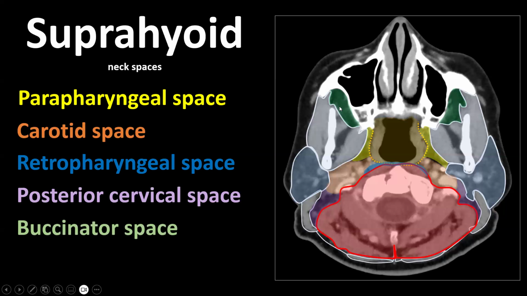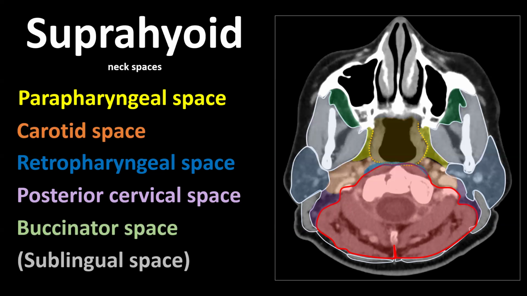Then we have the buccal space or buccinator space, which is not completely lined by fascia and mostly contains fat. We see here the retromaxillary part of the buccal space, but the buccal space is also present in the fat pad of the cheeks, but that is not clearly visible on this slide.